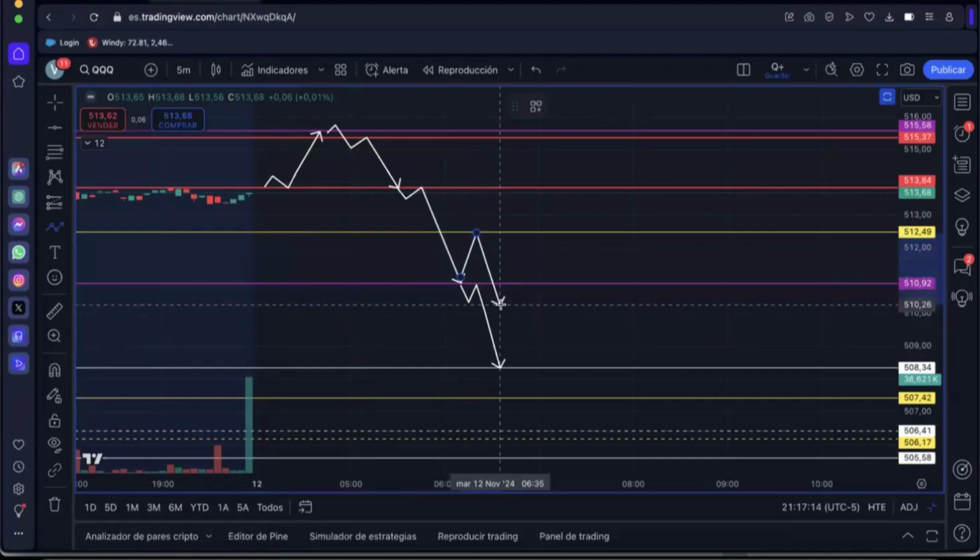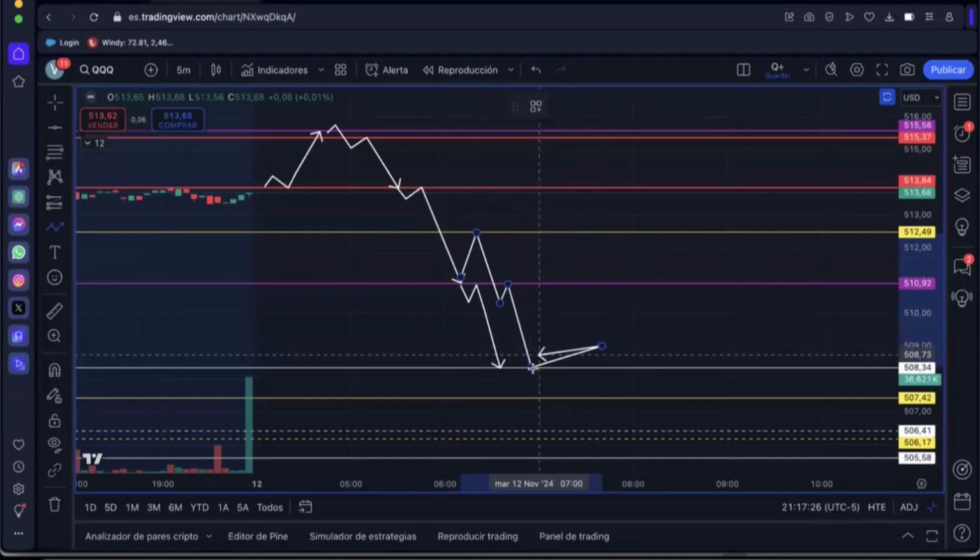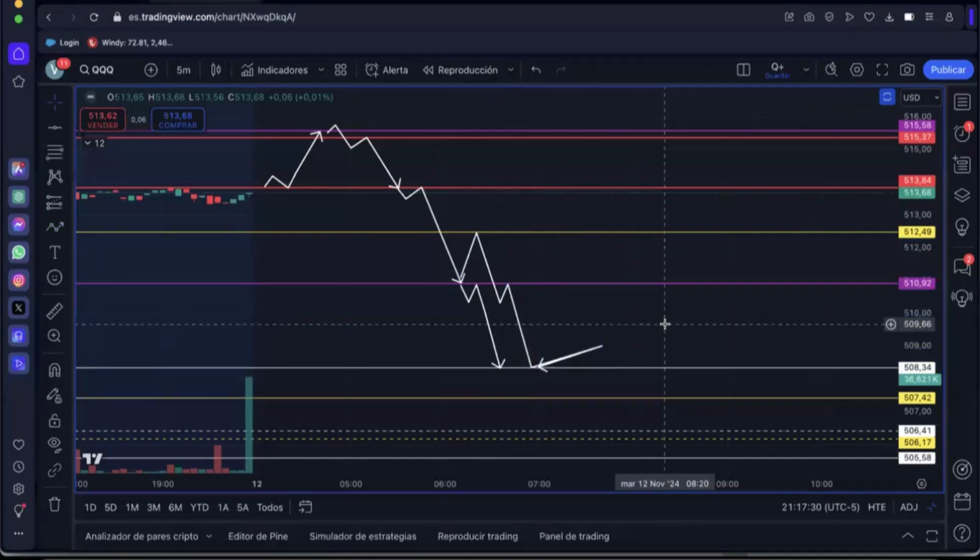This is another behavior for me that, okay, we already took power to break the purple, heading to the next daily one. That's the way I see the charts, guys.